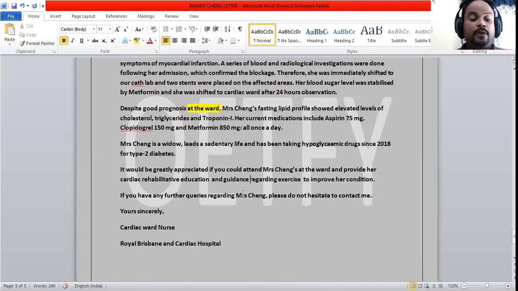Yeah, now it's clear. If you could attend Ms. Cheng at her ward and provide her cardiac rehabilitative education and guidance regarding exercise to improve her condition. If you have any further queries regarding Mrs. Cheng, please do not hesitate to contact me. Yours sincerely, cardiac ward nurse, Royal Brisbane Cardiac Hospital.